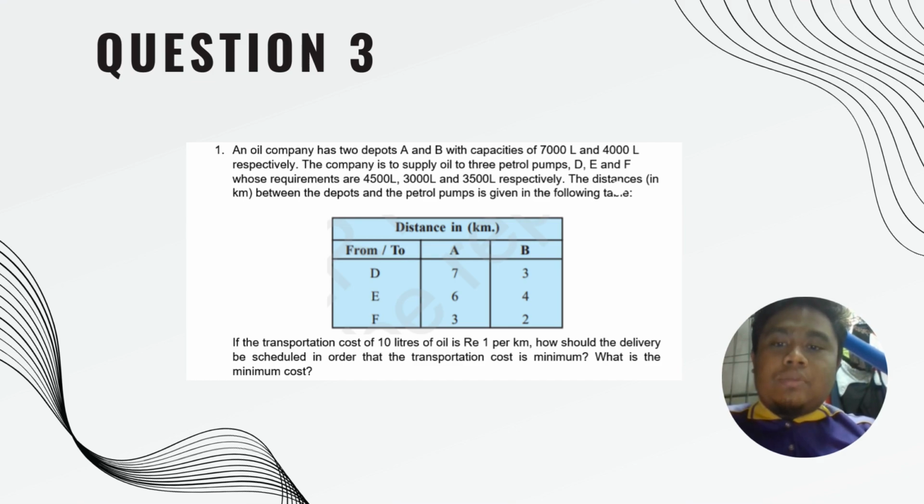The distance between the depot and petrol pump is given in the following table. If the transportation cost of 10 liters of oil is 1 per kilometer, how should the delivery be scheduled in order that the transportation cost is minimum? What is the minimum cost?